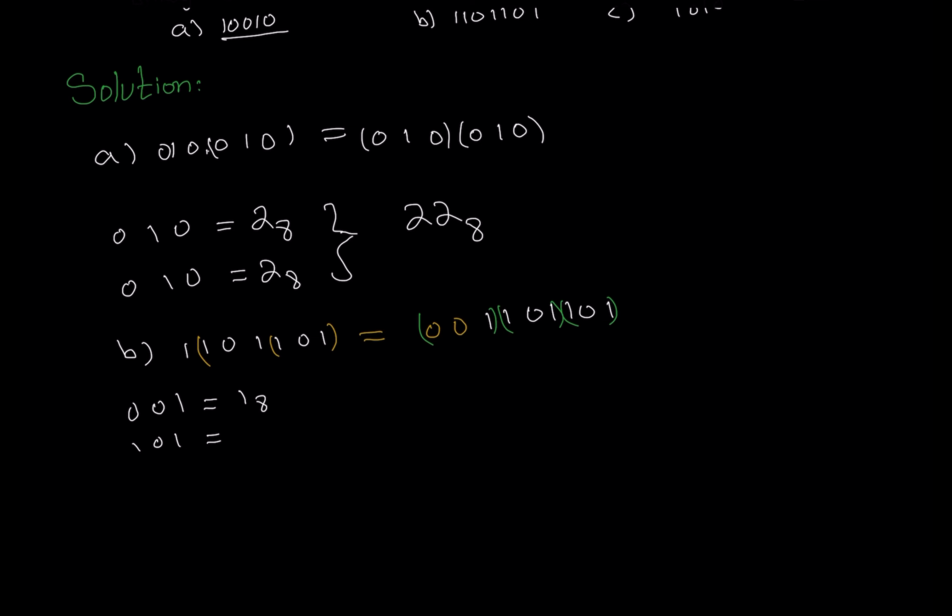Its representation as a base 8 will be 5, and 1 0 1 is the same thing, 5 base 8. Combine these together, you get 1 5 5 base 8. Okay, so that was number B.